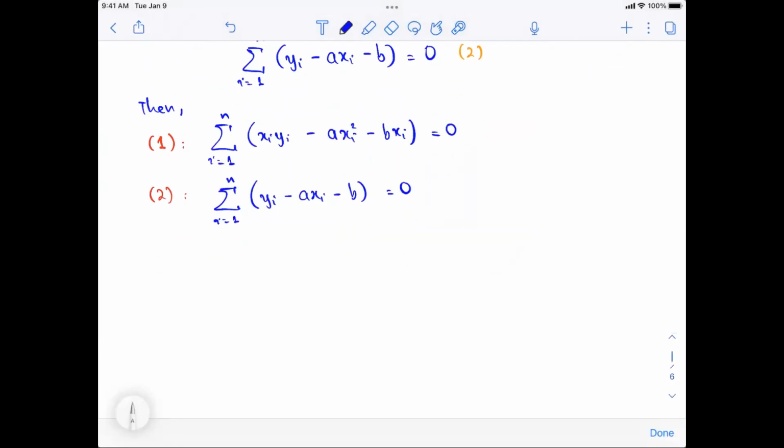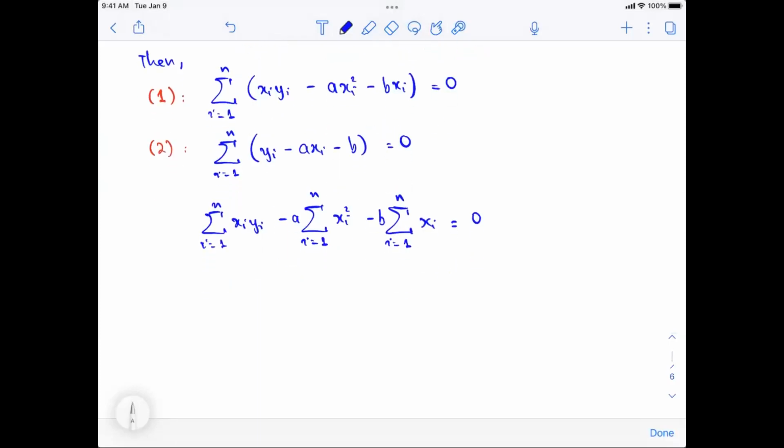So the first equation becomes the summation for i going from 1 to n of x_i y_i, minus the summation for i going from 1 to n of x_i times a. a does not depend on i, so you can bring that out of the summation. Minus the summation for i going from 1 to n of x_i, and again, b in this case does not depend on i, so you bring that out of the summation. And that's from the first equation.